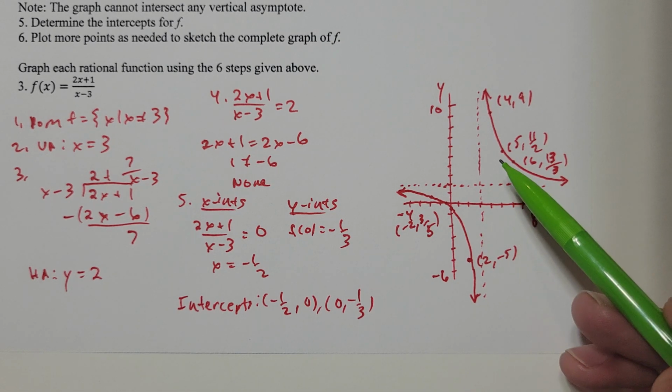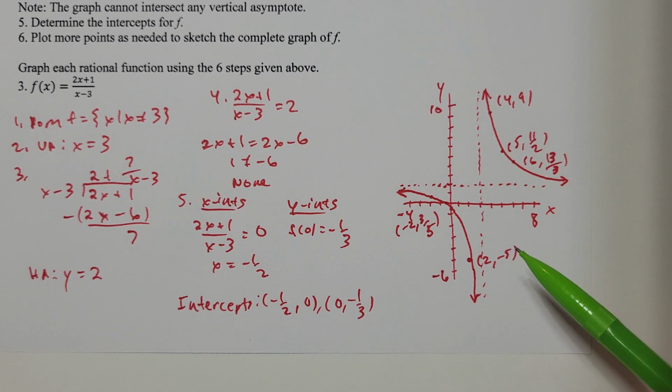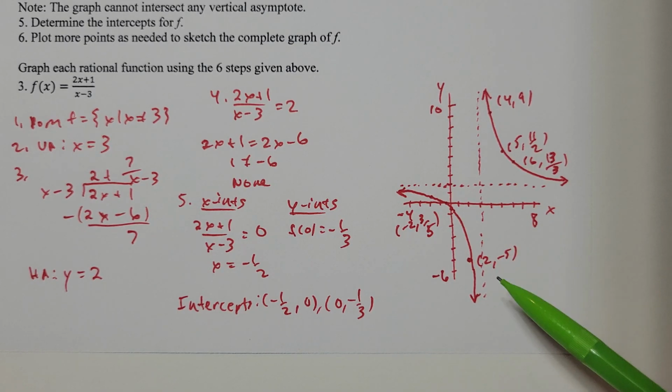It means that I'm above the horizontal asymptote, and I'm not going to have any graph down here. So again, you should not need lots and lots of numbers in the table. Just gather up a couple more points and finish the drawing. And this would be a rough sketch of the graph of f of x. We'll go ahead and stop the video right here, and I'll show you some more in the next one.